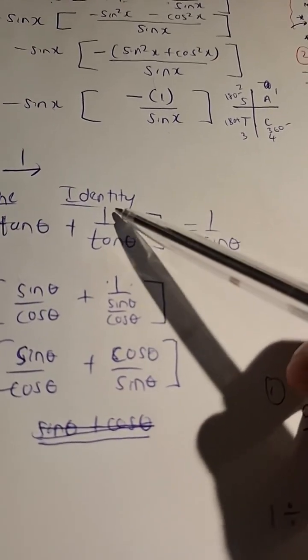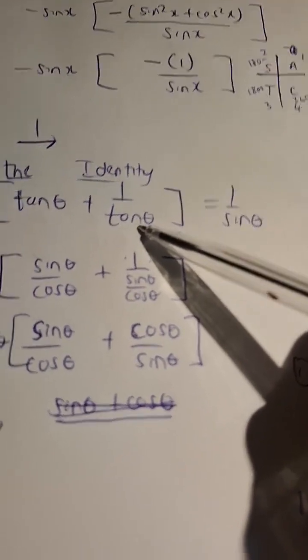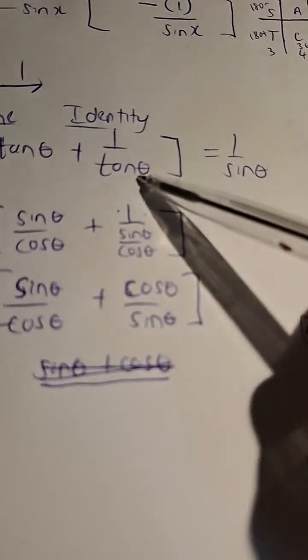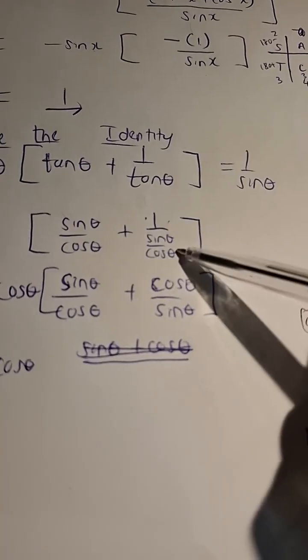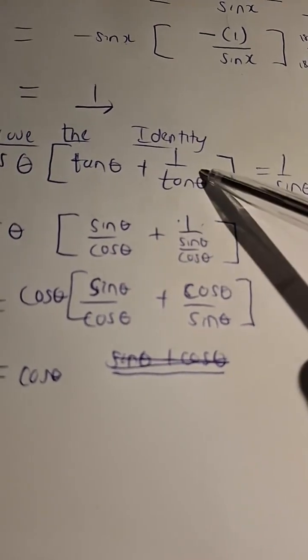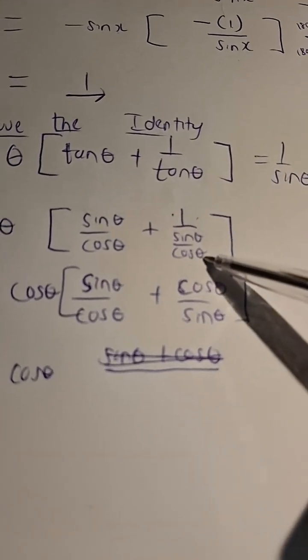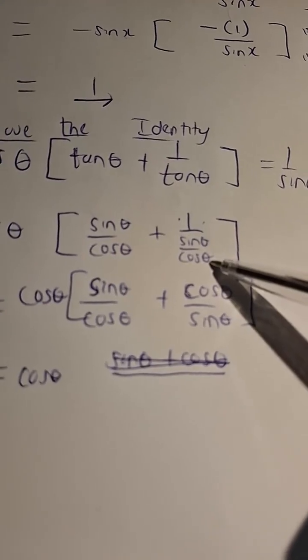First and foremost, do you see this is 1 over tan theta? I hope you do. Tan theta is the identity sine theta over cos theta. So I've just changed tan theta to sine theta over cos theta. But what does it mean?